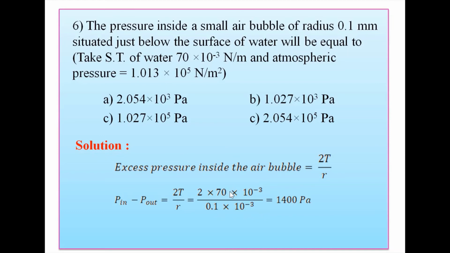Calculating this, we get the excess pressure as 1400 Pascal. This value can be converted into absolute pressure by adding atmospheric pressure: 1400 plus 1.013 into 10 raised to 5. So we get the answer 1.027 into 10 raised to 5 Pascal. So here option C is correct. Let's see the next objective.